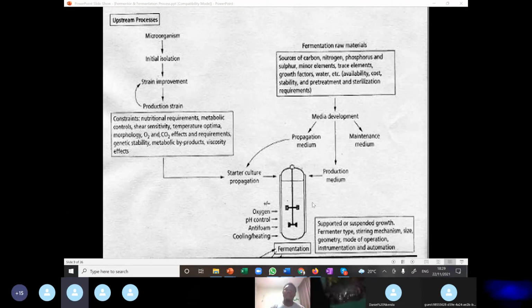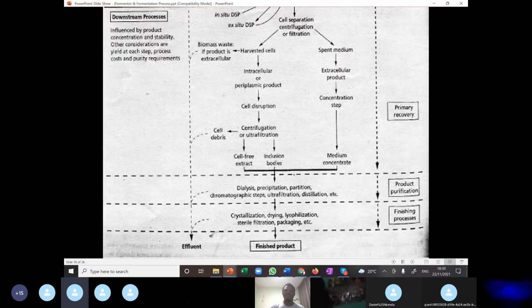Then when we have all of this, the substrate plus the organism, we fit it into the fermenter, we adjust oxygen, we adjust pH, we make sure that the foam generated is taken care of, we ensure that cooling and temperature is well regulated, then we could switch on the process and hope to harvest our end products.